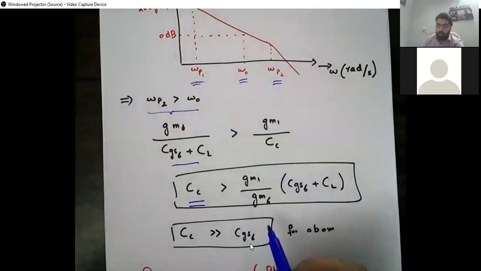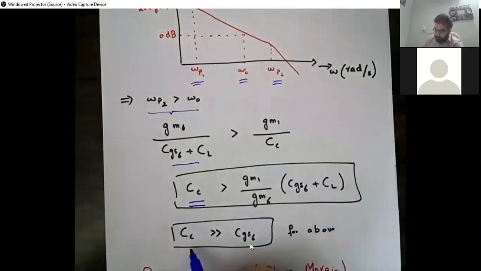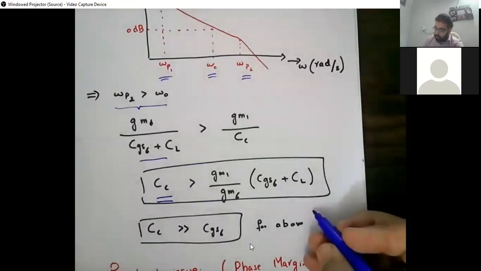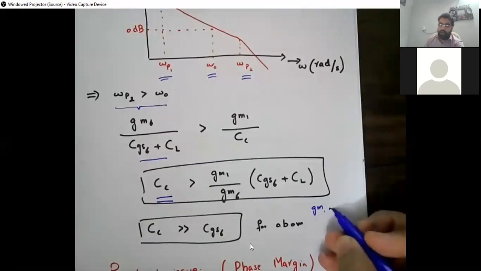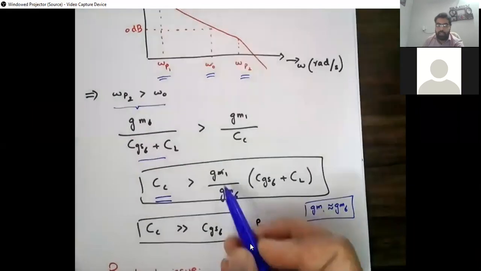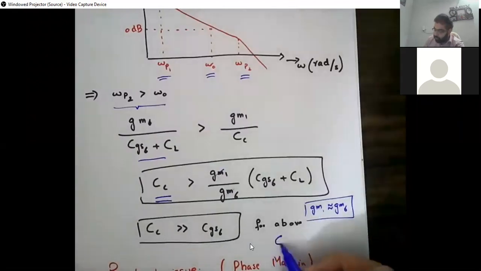Or for an approximation, CC should be very much bigger than CGS6, assuming that GM1 is somehow equal to GM6. If we assume this just for easy calculation as a startup, that GM1 and GM6 are equal, meaning they cancel out, then CC should be very much bigger than CGS6. So this condition comes, or in general CC should be greater than CL.